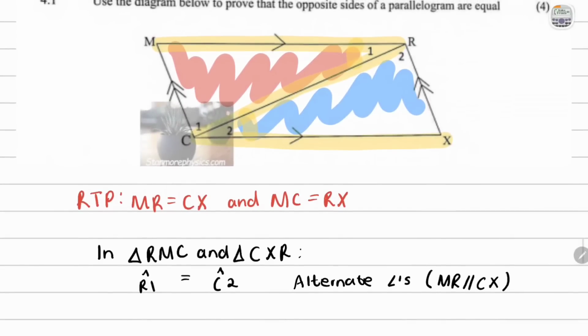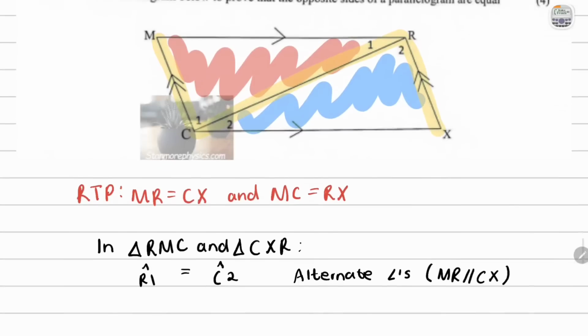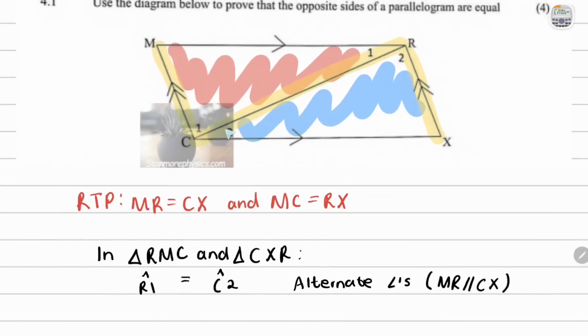The second thing that we have here is that we can also draw alternate angles another way. We can draw it like an N, a weird looking N, but there we go. We also have alternate angles over there. And this would mean that angle C1 is equal to angle R2.